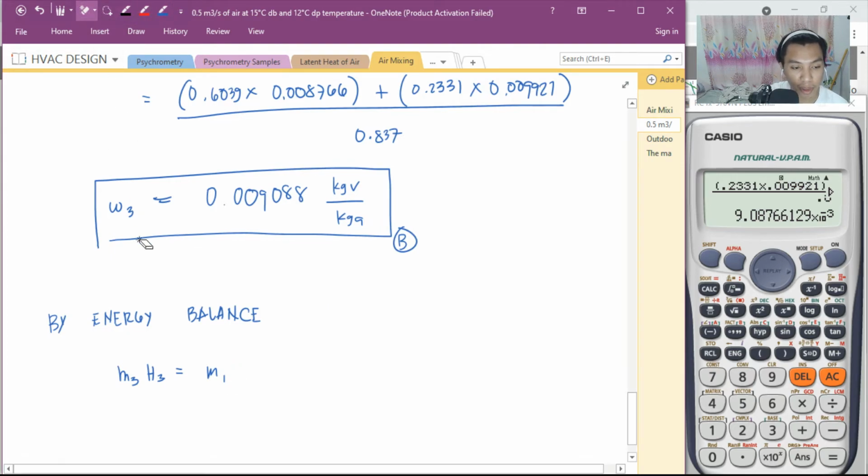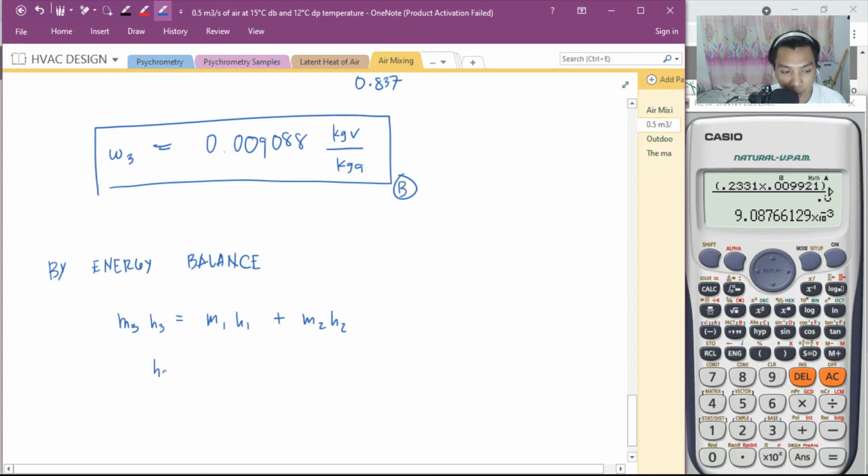Dapat maliit yan, specific enthalpy. Okay, simplifying. H3 will be equal to M1 H1 plus M2 H2 over M3.